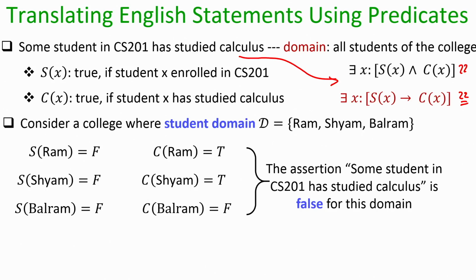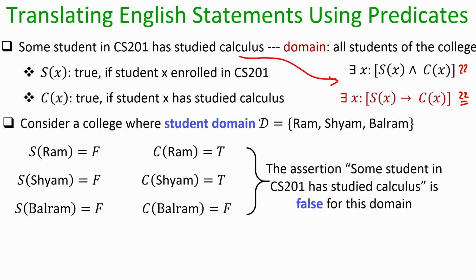You can check that in this particular college the assertion some student in CS201 has studied calculus is false, because there is no student in CS201 in the first place. It does not matter whether they have studied calculus or not.